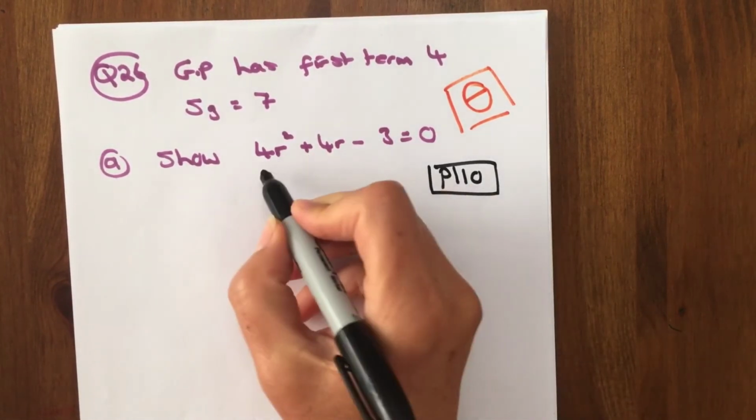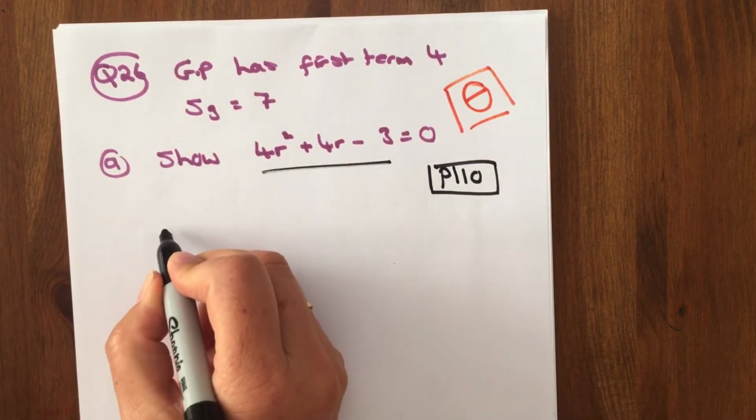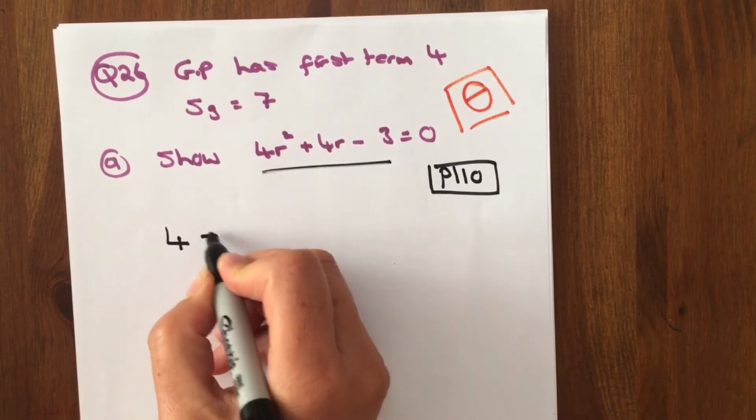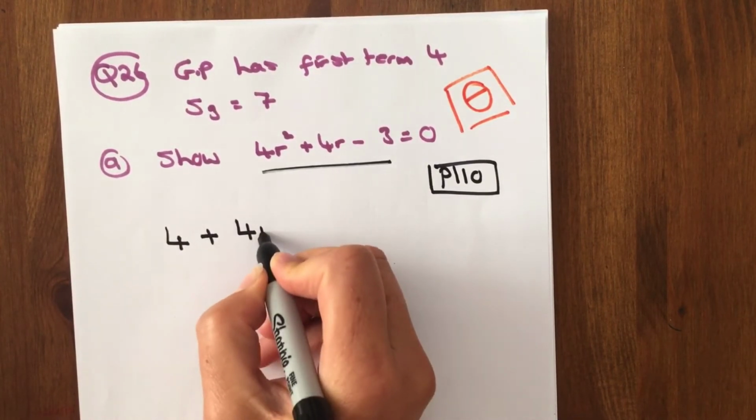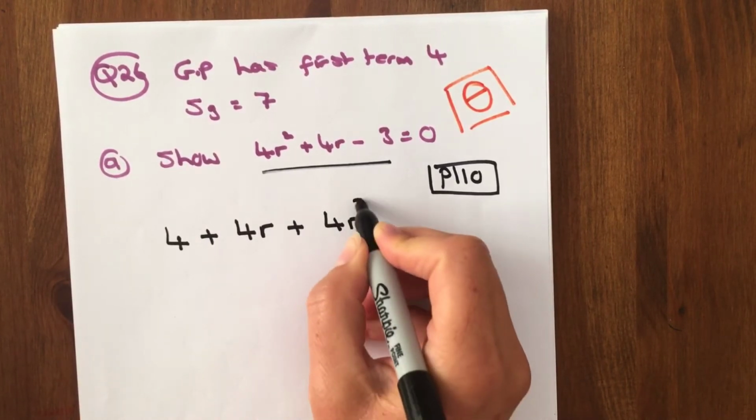We want to show this. So a GP has a first term 4 and the sum of the first 3 terms is 7. Okay, so we've got the first term 4. The next term will be 4r, and the next term will be 4r squared.